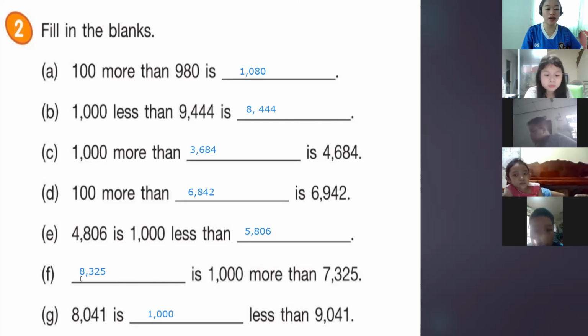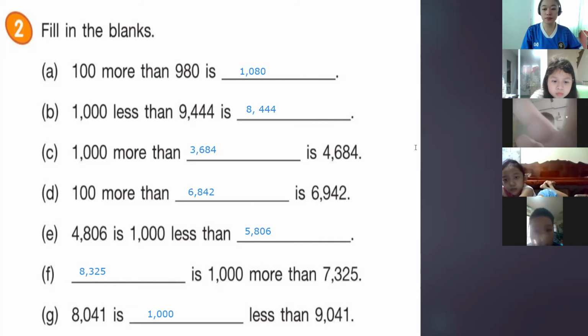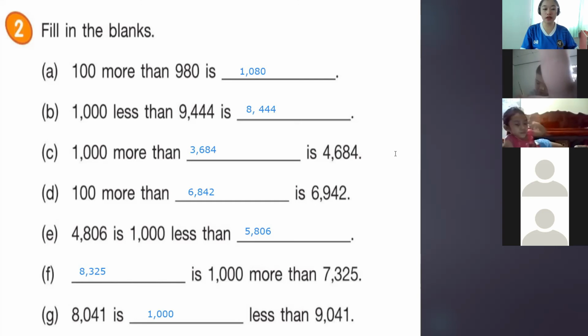Letter F, we have 8,325 and 8,000. In letter G, we have 1,000. Okay, so is everyone finished? Exercise number 2. Finish. Okay, very good. So next page, we have page 22.